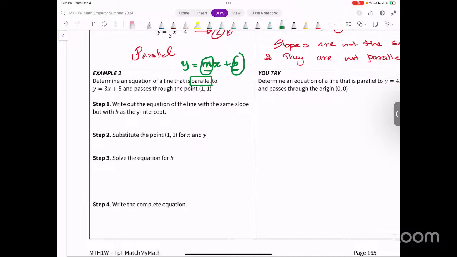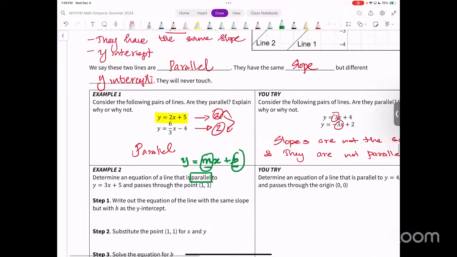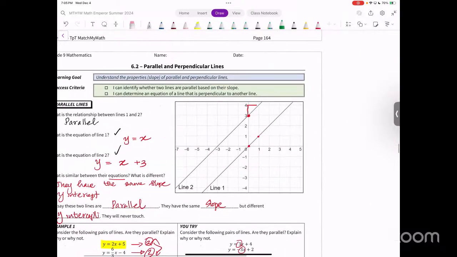So my question is, do you see these 2 lines? Yeah. What did you notice about the lines?